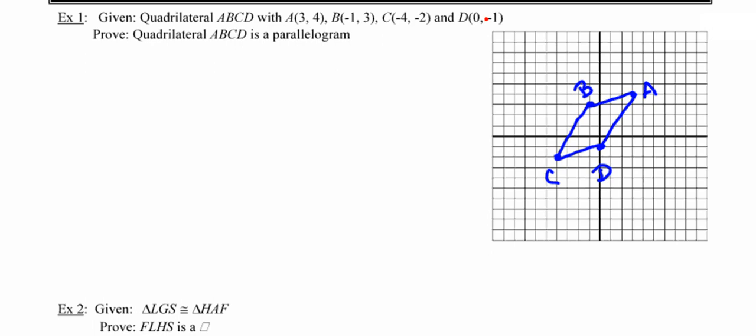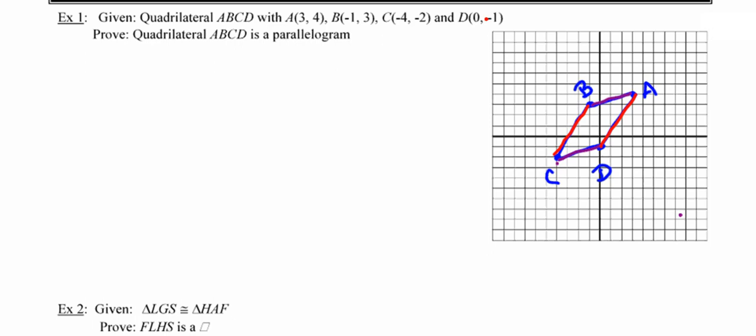I could use slope and distance on either the top and the bottom to show that the top and bottom are both parallel and congruent, or to show that left and right are both parallel and congruent. There really isn't a way in the coordinate plane to show that both pairs of opposite angles are congruent, so that really is the only method I could not use here.